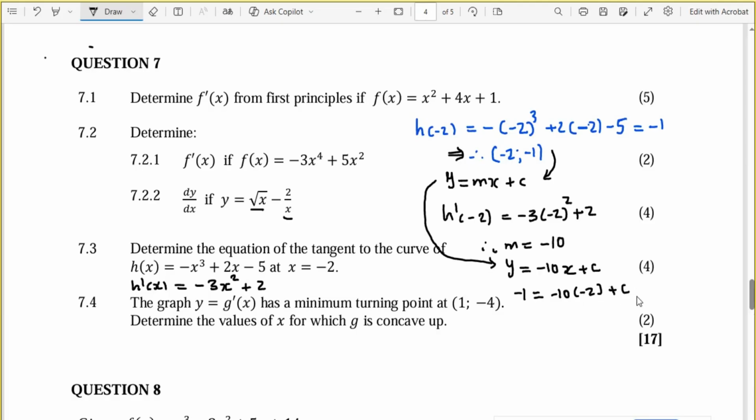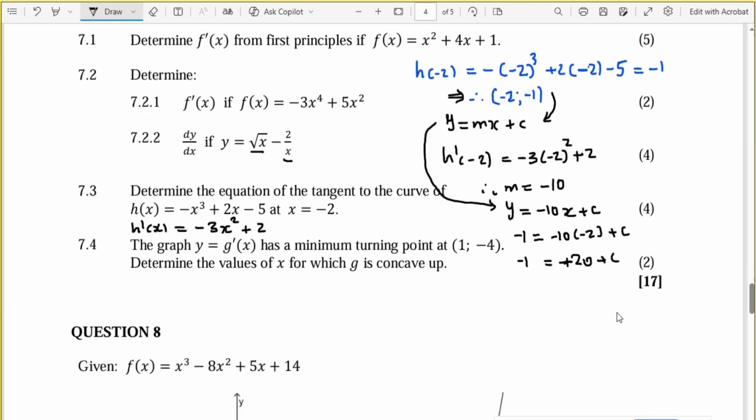So this will give us -20 plus c, and then this is -1. This will be positive since it's a negative and a negative. Therefore, the 20 will go to the other side to be negative. So -21 is equal to c.